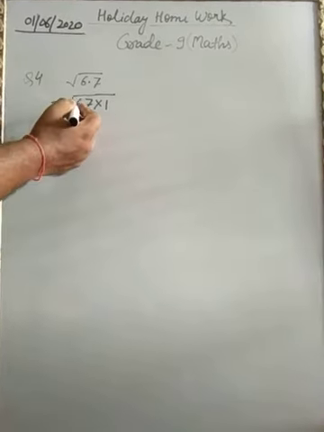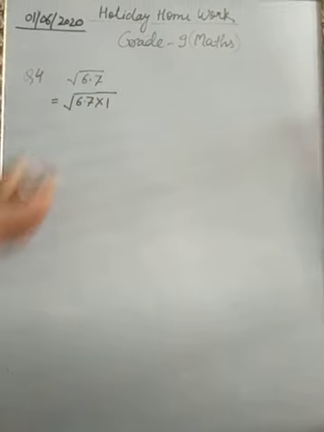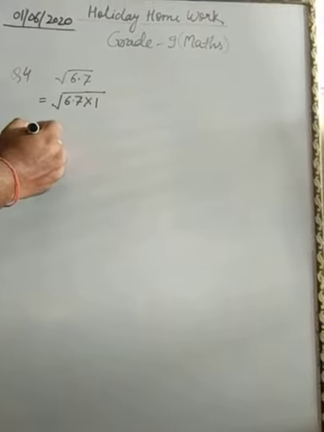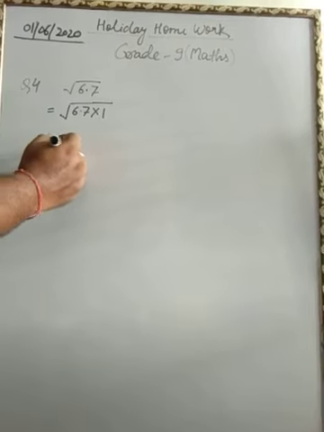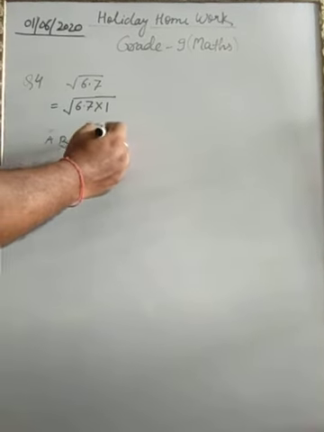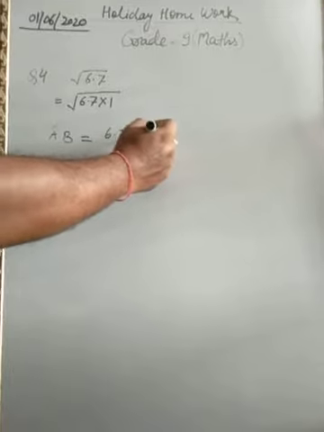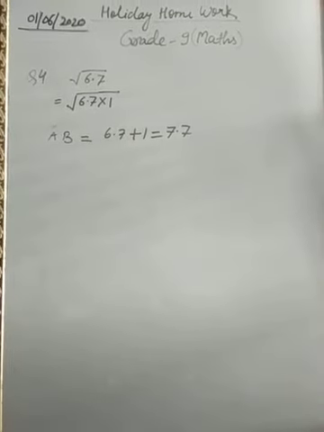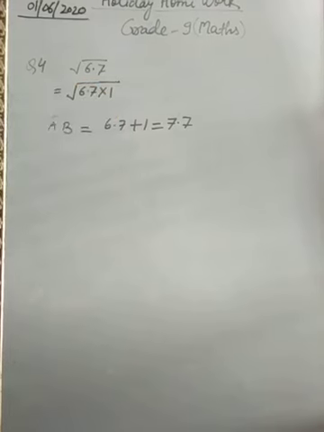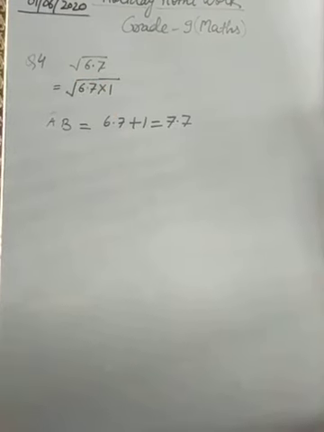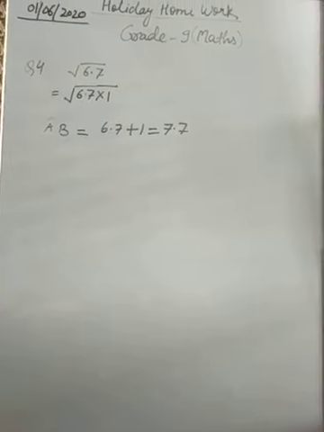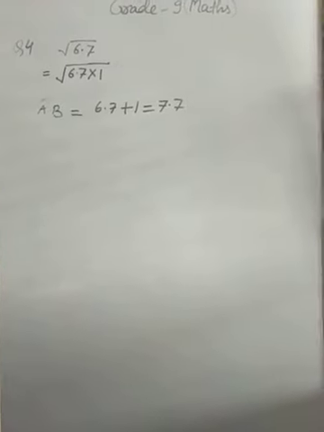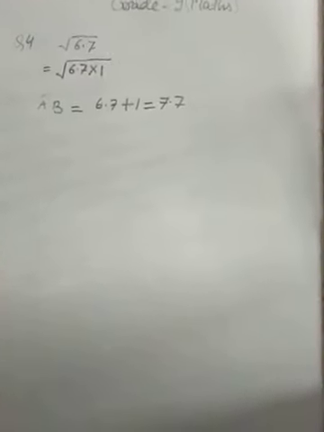So find out 6.7 into 1, and then we will draw a line AB such that 6.7 plus 1, that is 7.7. Means we will write the given irrational number in such a way that there should be one more factor as 1. So 6.7 into 1 is there.